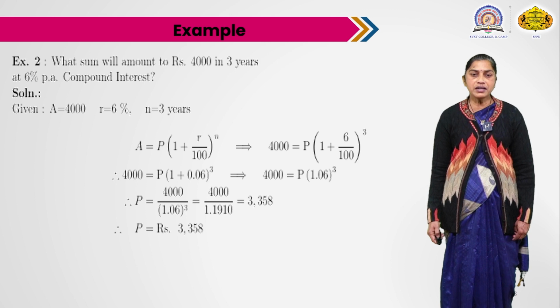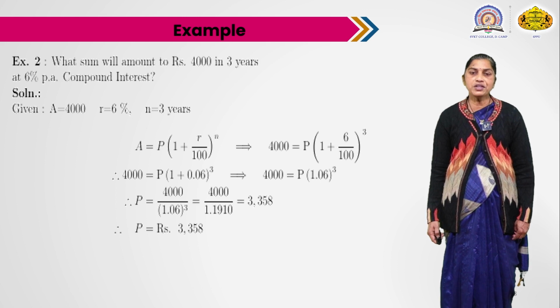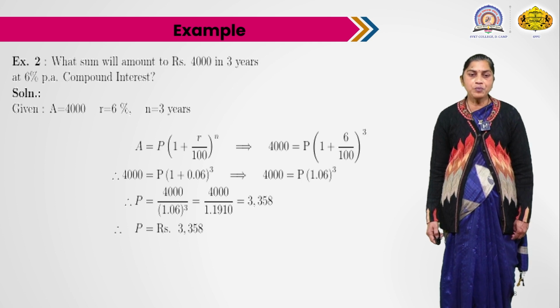Now, 6 by 100 is 0.06. 1 plus 0.06, it is 1.06. So, we get the simplified step 4000 is equal to P into bracket 1.06 bracket cube. As we want to find P, we have P is equal to 4000 upon 1.06 bracket cube.